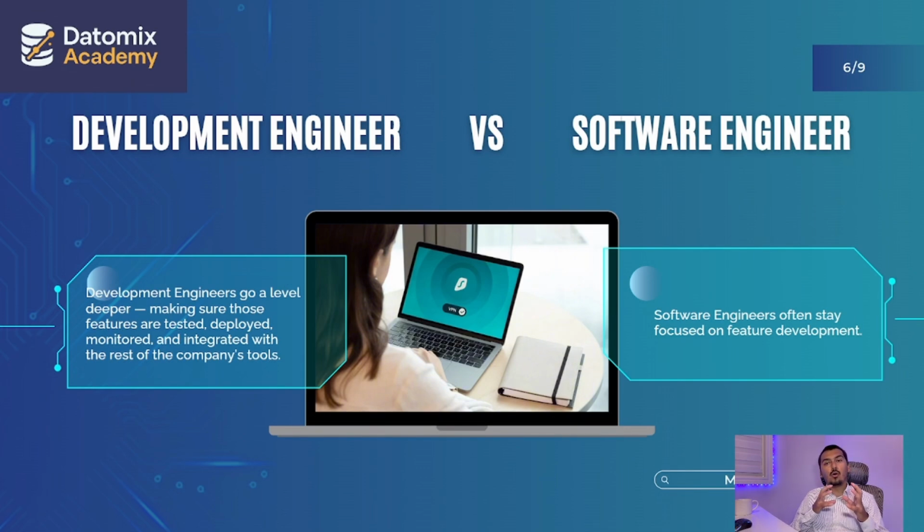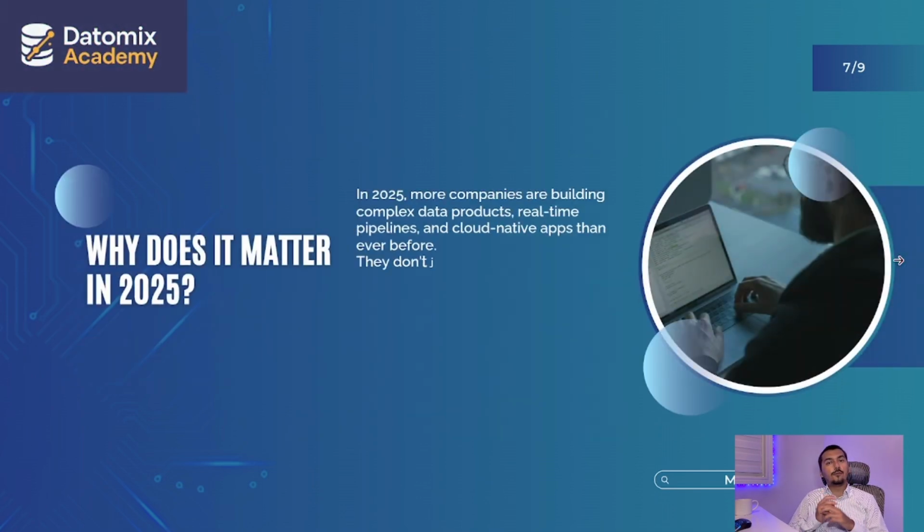Software engineers often stay focused on feature development. Development engineers go a level deeper. They make sure those features are tested, deployed, monitored, and integrated with the rest of the company's tools. They provide more than just good code. They provide reliability, automation, observability, and scale.